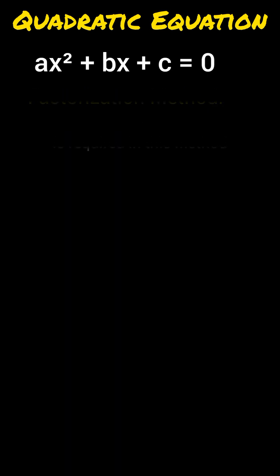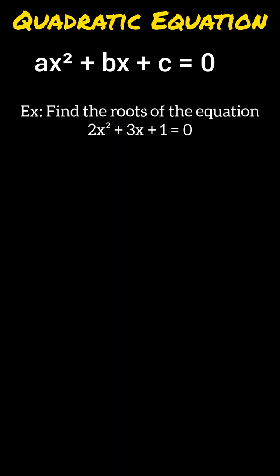We have this example to look at. Find the root of the equation 2x squared plus 3x plus 1 equal to 0. Solution. The first thing you have to do is to multiply a by c. In the first place, what is a? A is that number multiplying x squared.